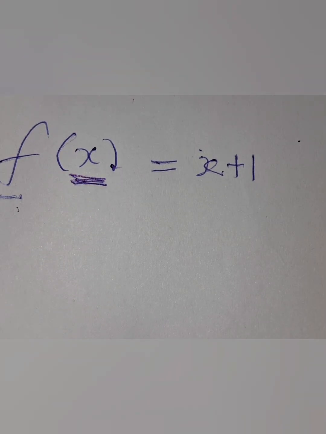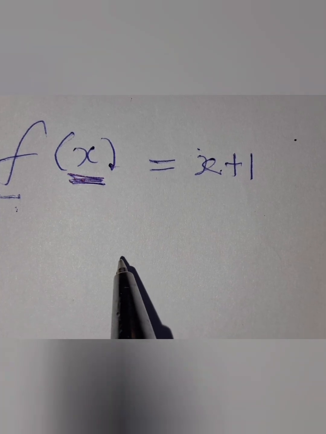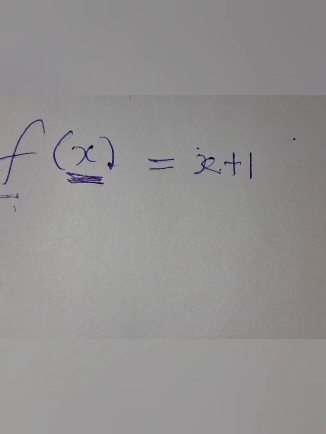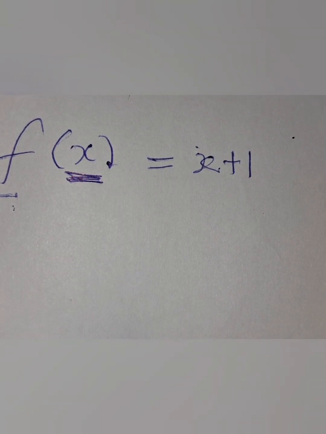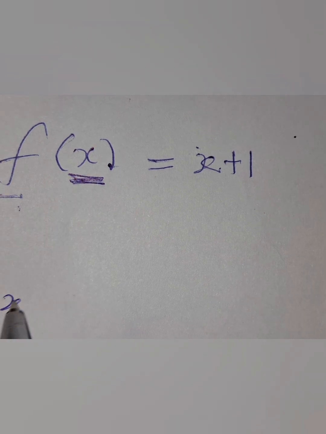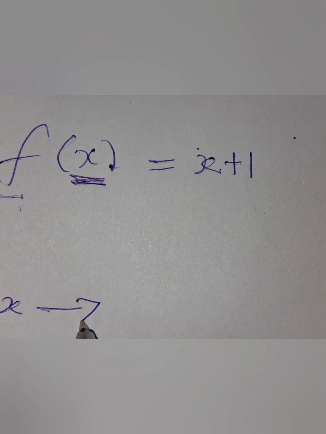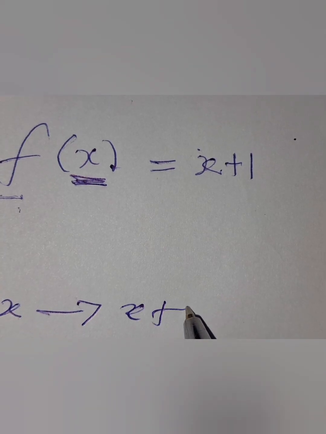So it's like this machine that we have adds 1 to everything that we put into it. It is a function that adds 1. In other words, it takes x and maps x to x plus 1.